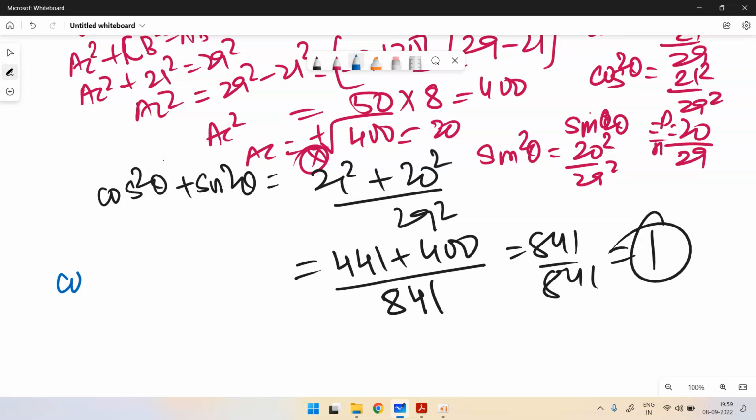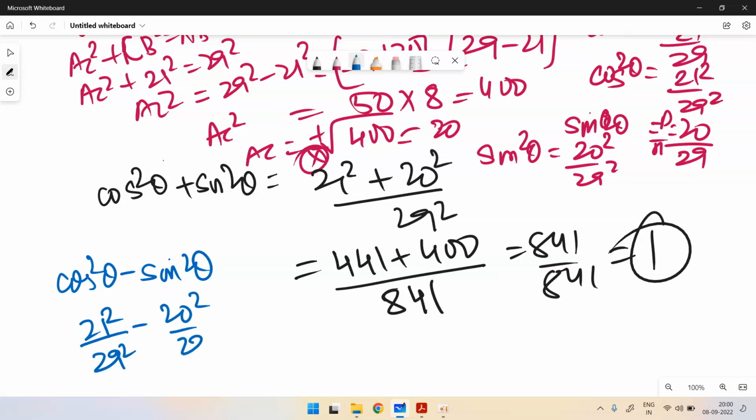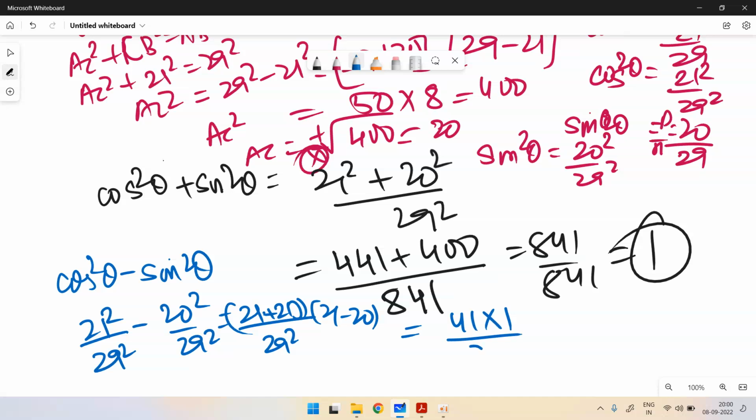Now what is next is cos square theta minus sin square theta. The value of cos square theta is 21 square by 29 square minus 20 square by 29 square. If you take the LCM, this is 29 square only, then 21 plus 20 into 21 minus 20. It's nothing but 41 into 1 by 29 square, which is 41 by 841.